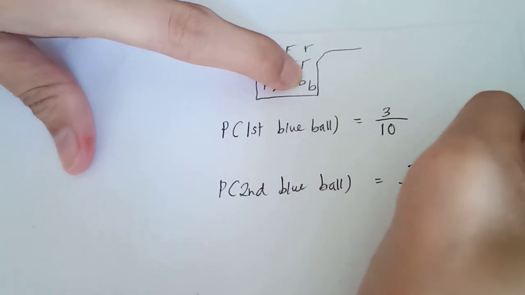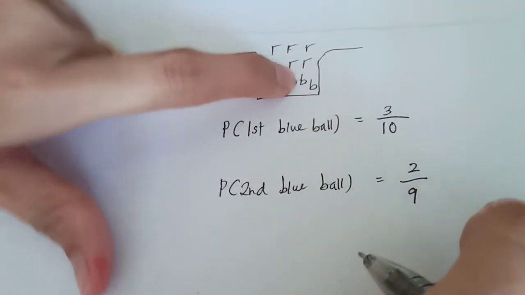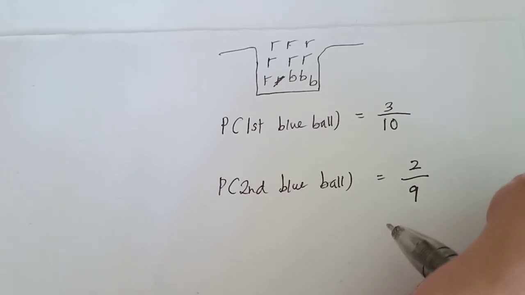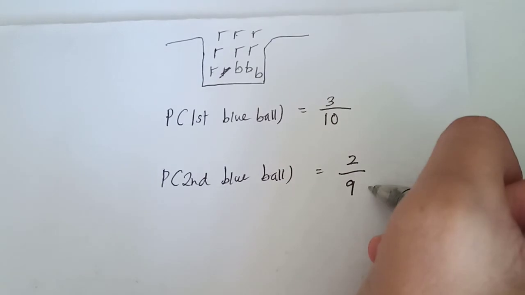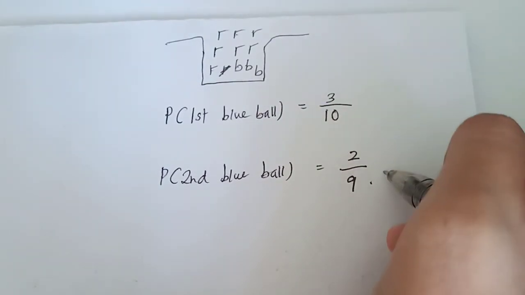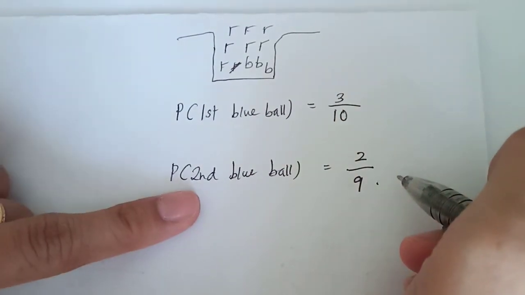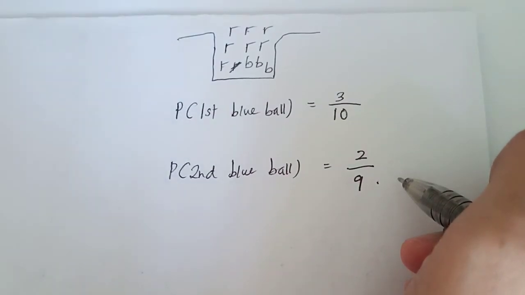So it's going to be 2 over total 9, because I already took 1 out. 2 over 9. So from here, the probability has changed, and then we say that this is a dependent event. So the probability of the second event is affected by the probability of the first event.